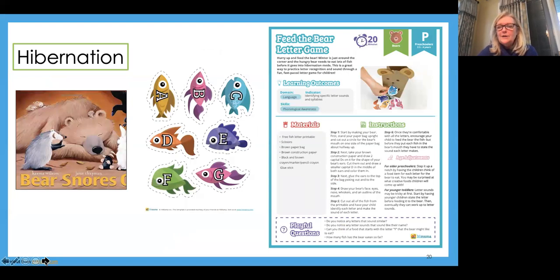So thinking about a word like hibernation. So Bear Snores On, you know, that book, if children are really engaged in that, we do extra things because we know we're going to teach them that word hibernation, because that's what Bear's doing here and what that means.